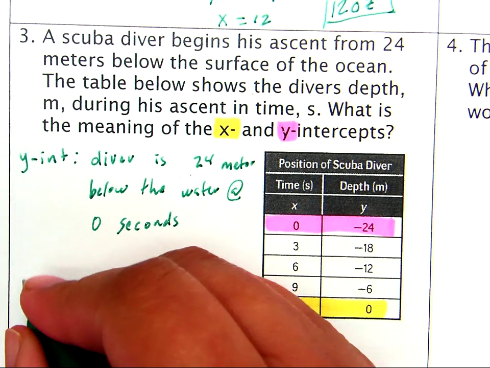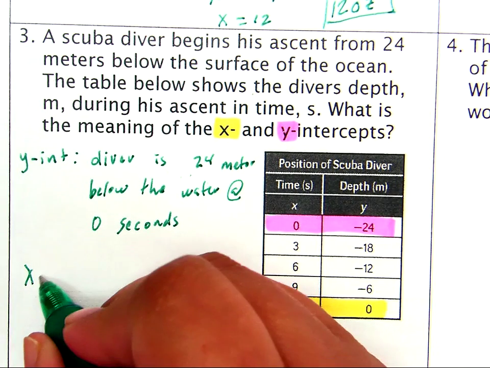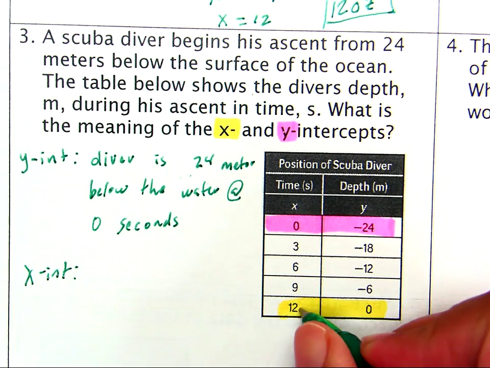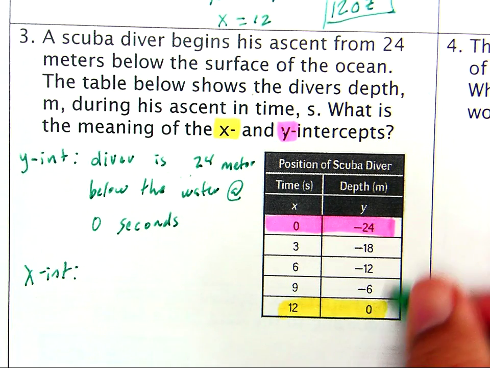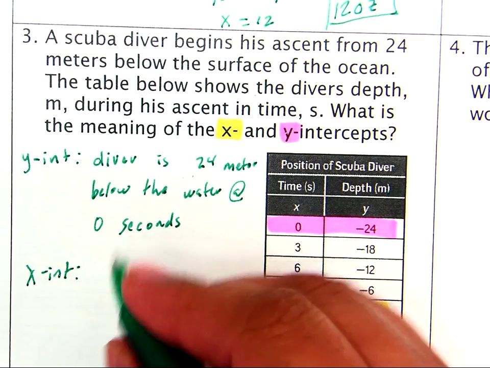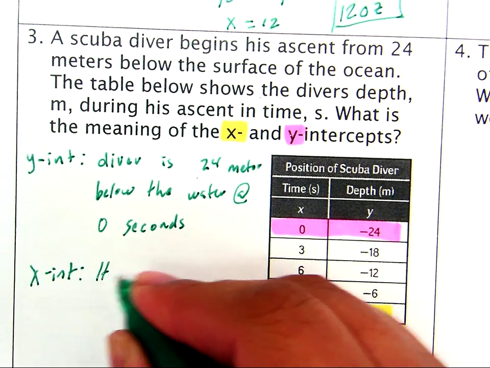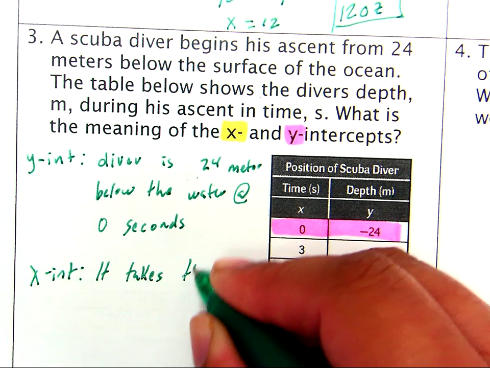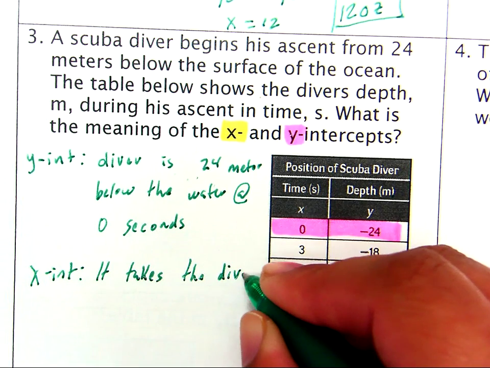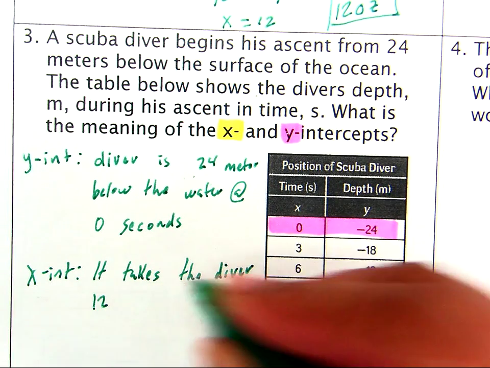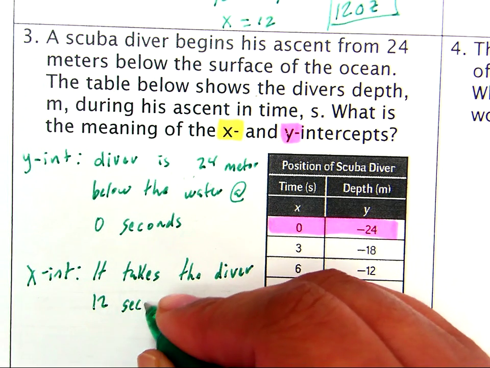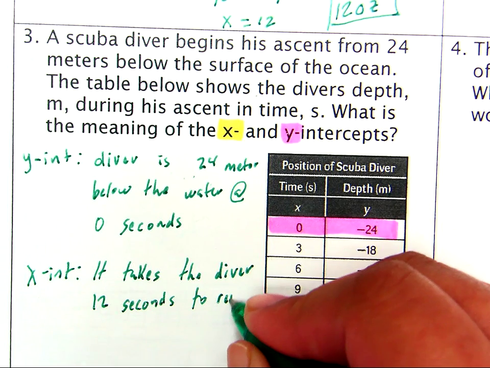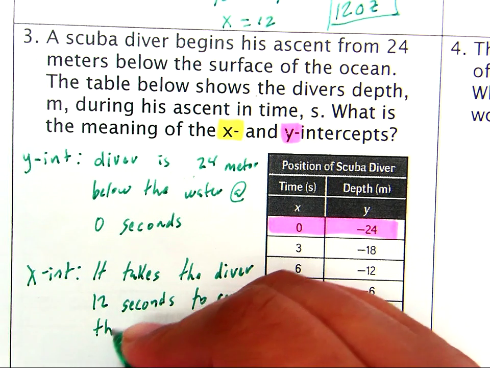The x-intercept, well, it's saying it takes 12 seconds to get to 0 meters. So that's saying that it takes the diver 12 seconds to reach the surface.